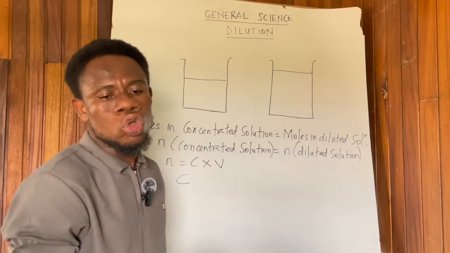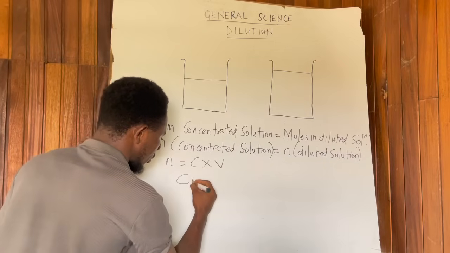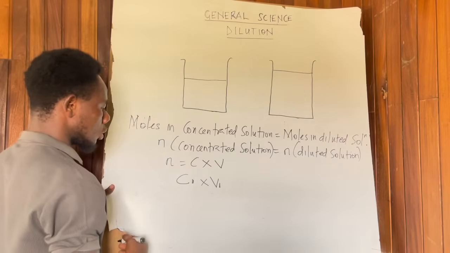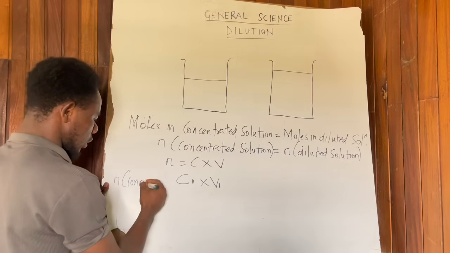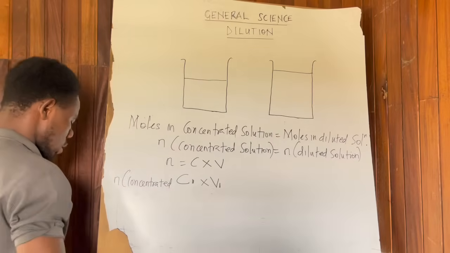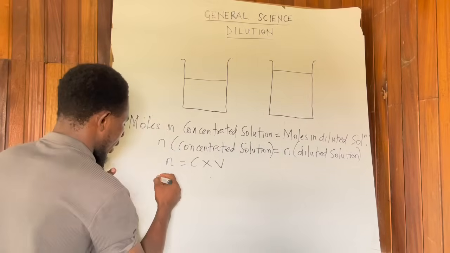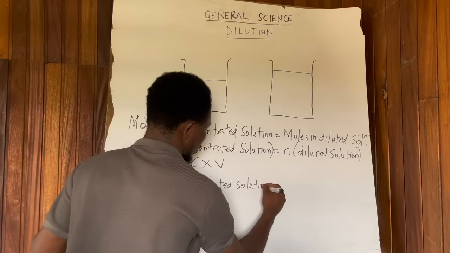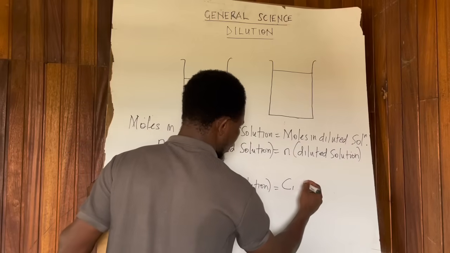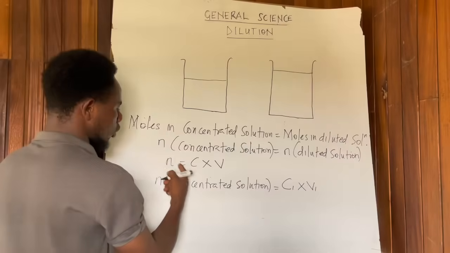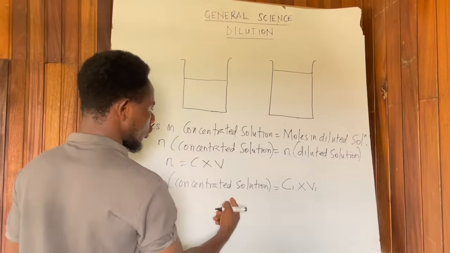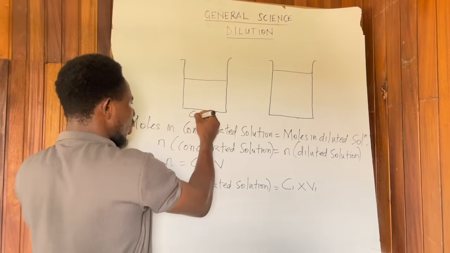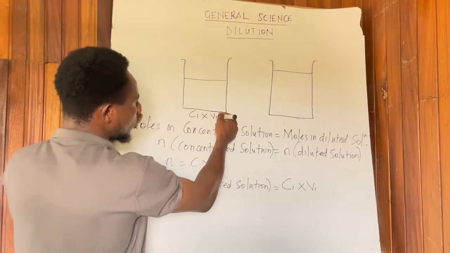Don't forget, our N is equal to C times V. So for the concentrated solution, N of concentrated solution is equal to C1 times V1, which is the initial amount of substance: concentration 1 times volume 1.